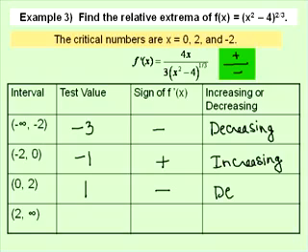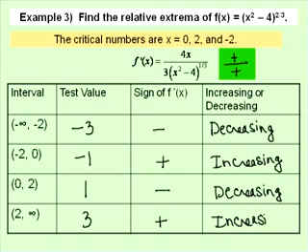So this positive divided by a negative is negative, meaning that our function is decreasing on that interval. And from 2 to infinity, I'm going to choose 3 as my test value. 4 times 3 is a positive in the numerator. 3 squared minus 4 will be a positive in the denominator. And so this interval is positive, and therefore the function is increasing.